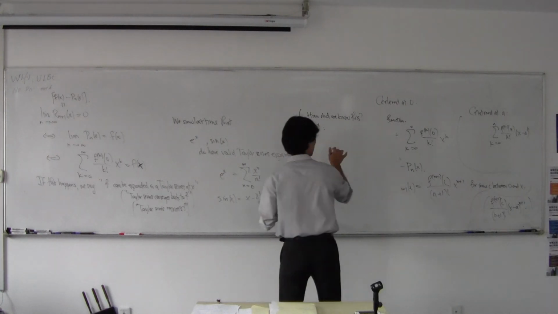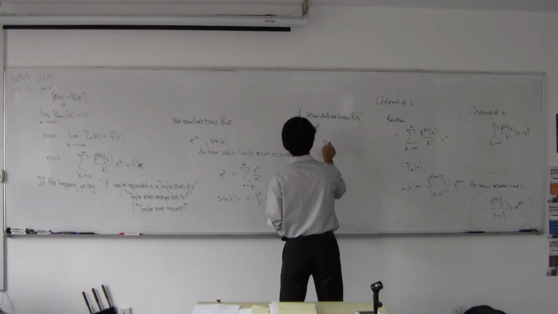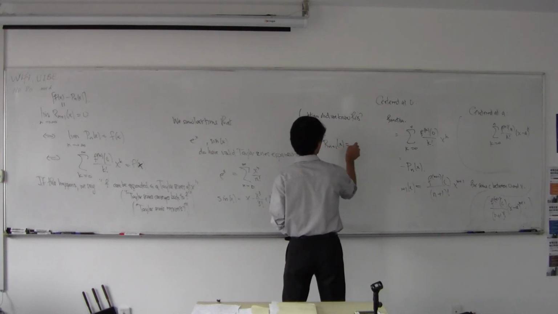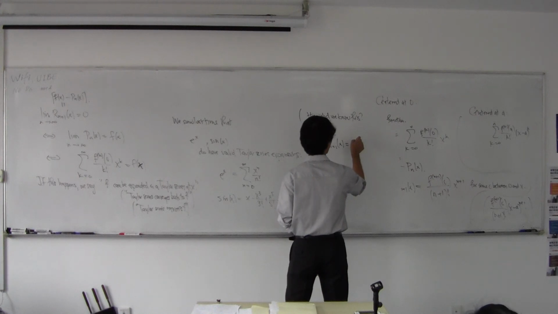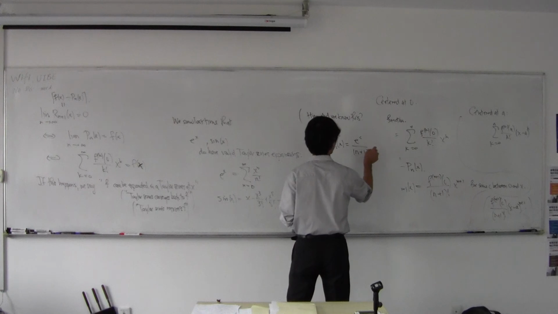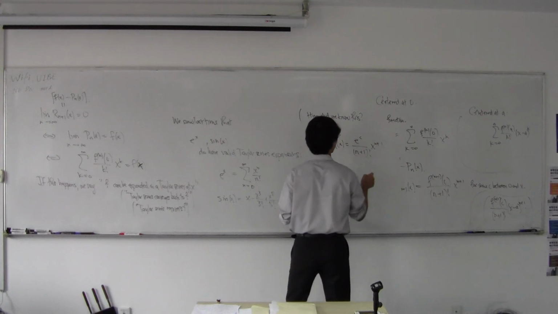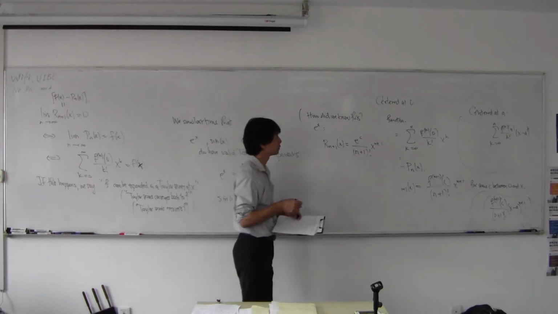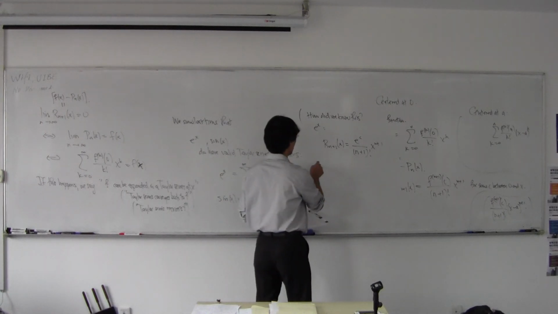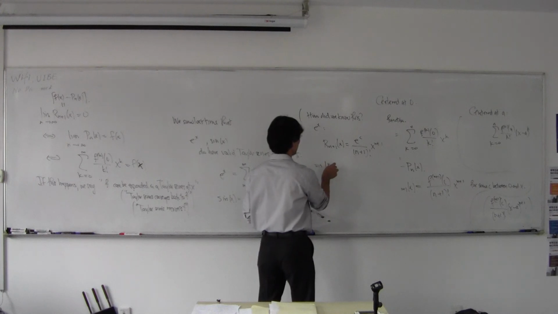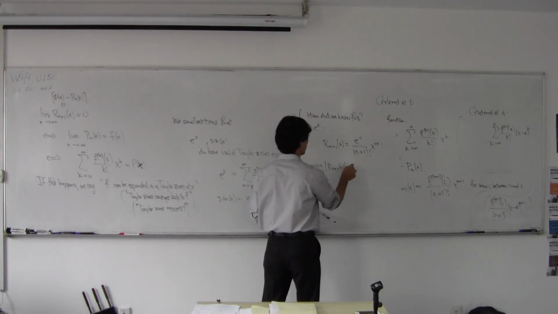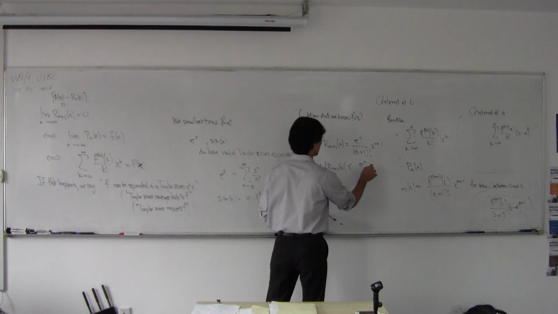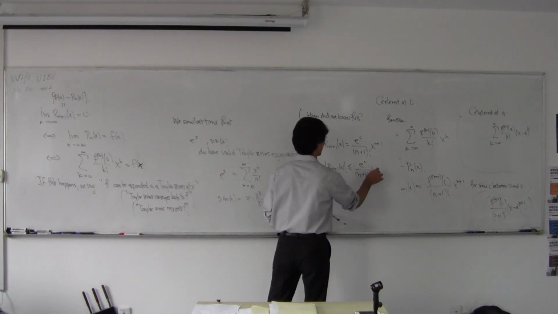Okay, well, look, the error equals e to the c over (n plus 1) factorial times x to the n plus 1. So the absolute value of the error is smaller than or equal to e to the c over (n plus 1) factorial, times the absolute value of x to the n plus 1.